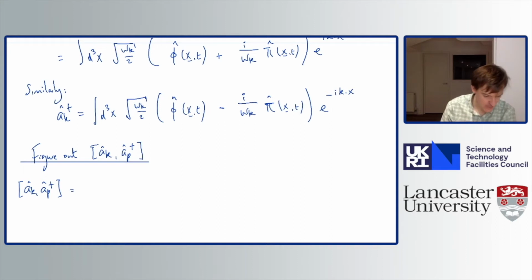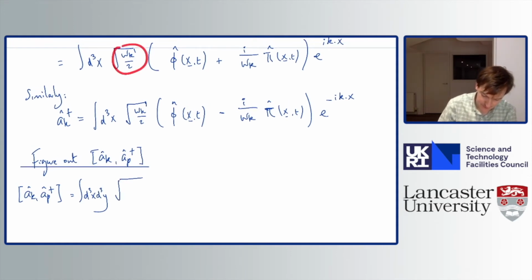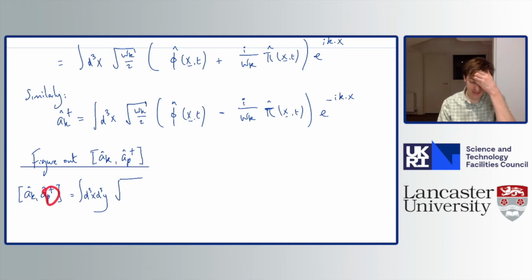So I'm going to end up with an integral d3x d3y factor, and I'm going to have these omega k factors that are out the front above. For the a_k term, I'll end up with an omega k over root 2, and for the a_p, I'll end up with an omega p over root 2.